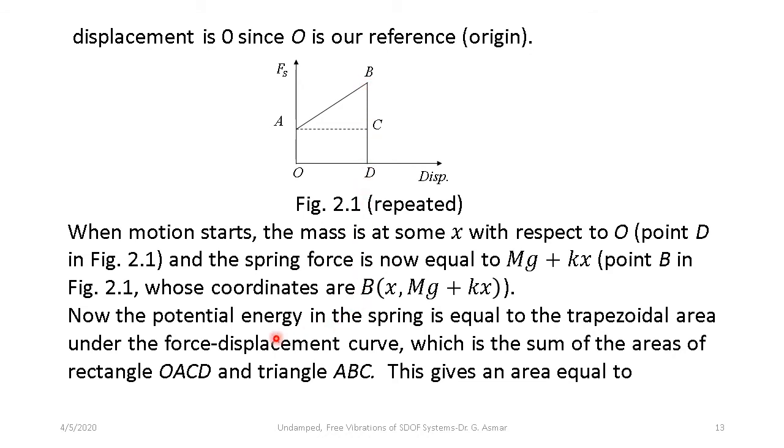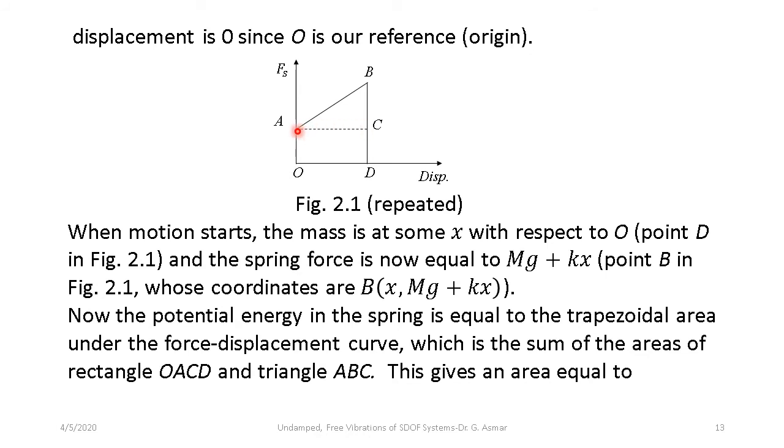Now, the potential energy in the spring is equal to the trapezoidal area under the force displacement curve. This is the force displacement curve AB, which is the sum of the areas of rectangle OACD and triangle ABC. I need this area, which is the area of a trapezoid, and I can break it into or split it into two areas.